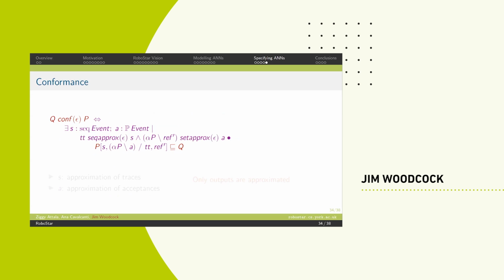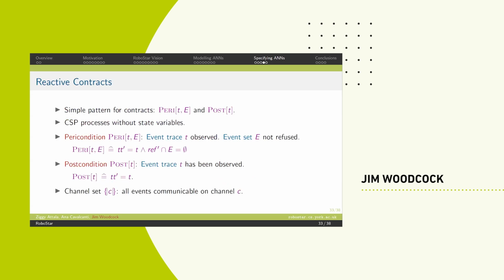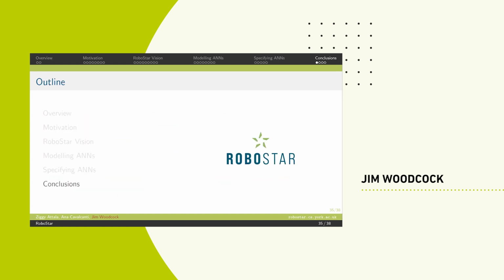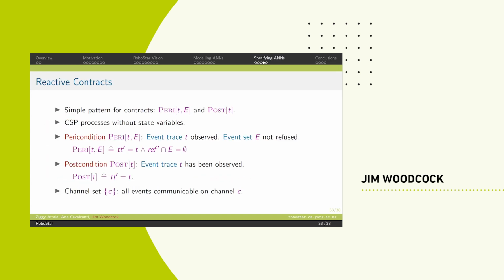And so here's our conformance relation. I think in my eagerness, I've omitted one of the slides for the contract, but the contract should say never diverge, so precondition true, and then peri-condition.